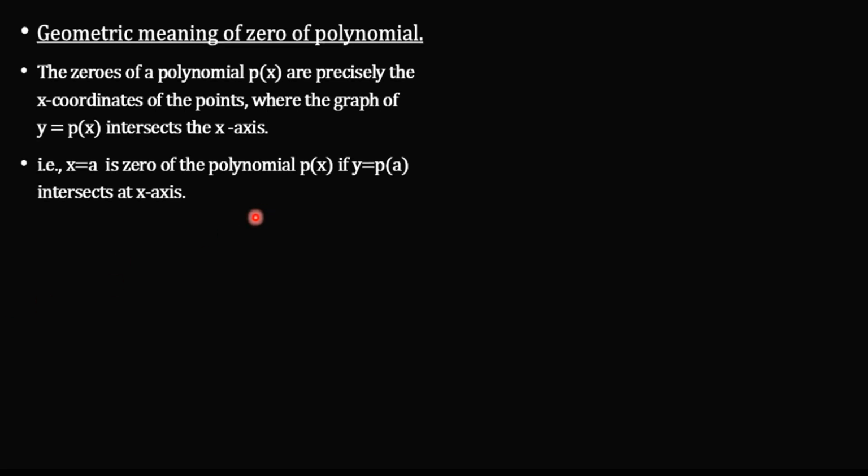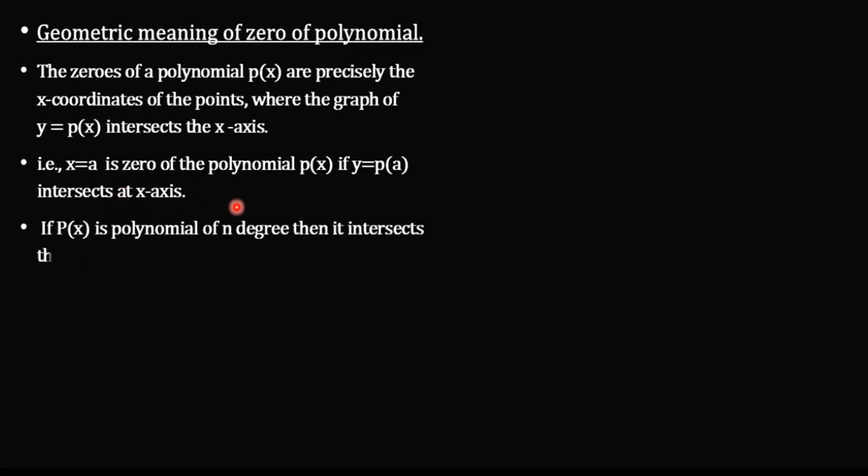If the graph intersects at 1, then x equal to 1 is a zero of the polynomial. If p of x is a polynomial of degree n, then it can intersect the x-axis at most n points.